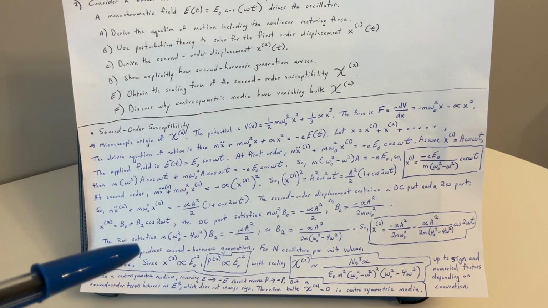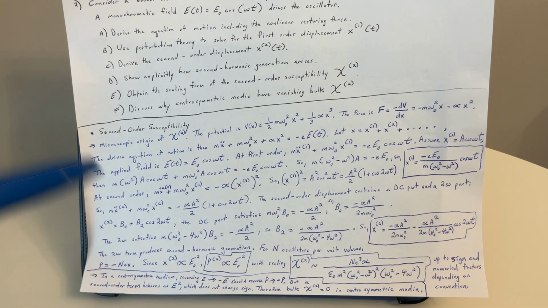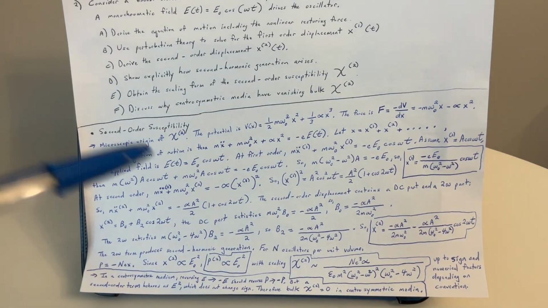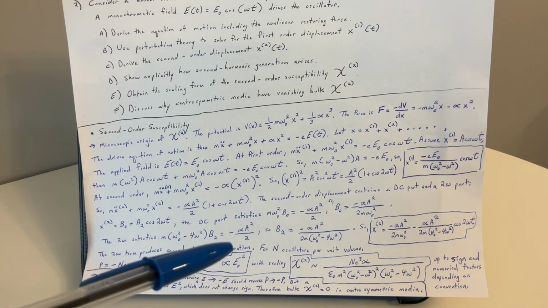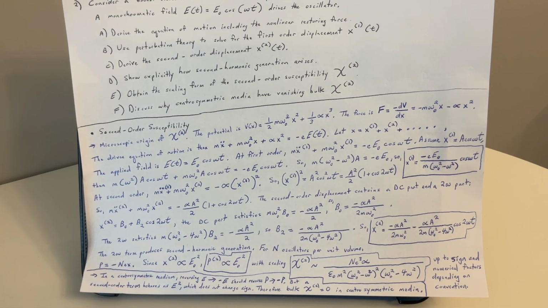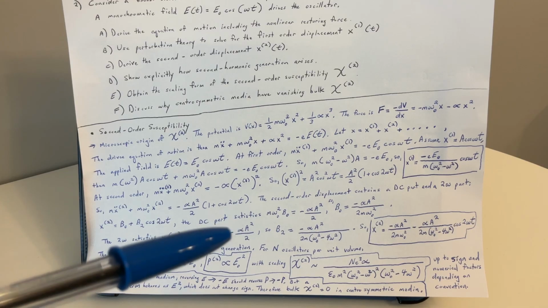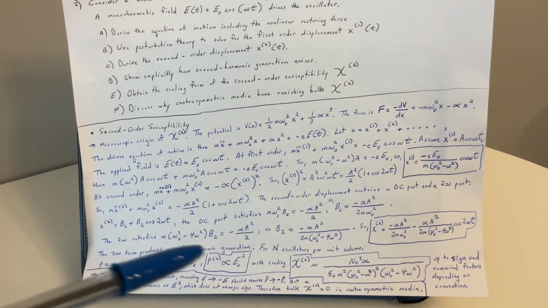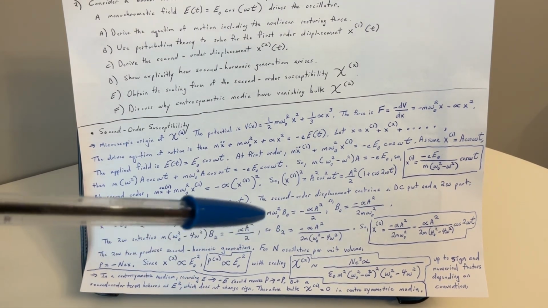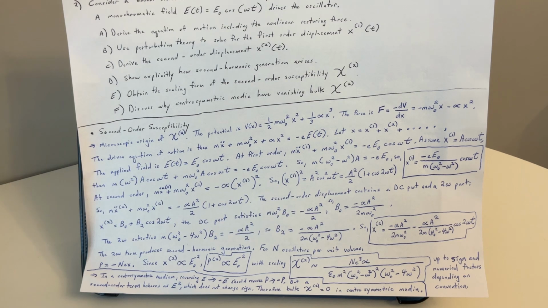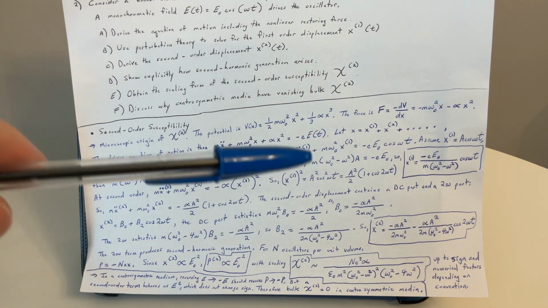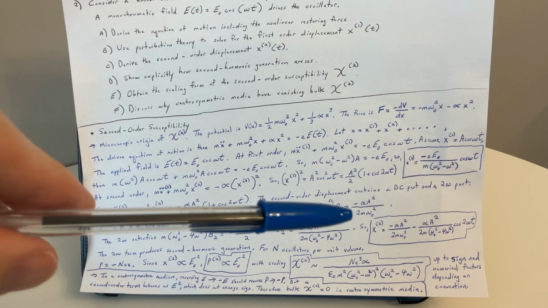Okay, so the 2 omega part satisfies m times the quantity omega naught squared minus 4 omega squared times b sub 2 equals negative alpha a squared over 2. So isolating b sub 2 equals negative alpha a squared over 2m times the quantity omega naught squared minus 4 omega squared.